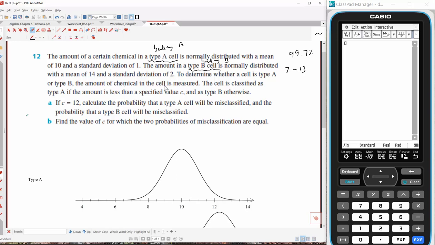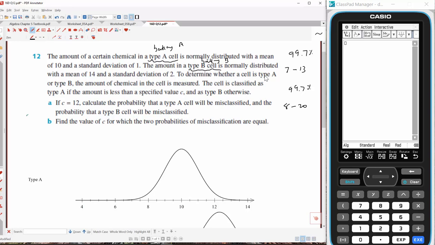So there's more variation in what we get with type B cells in terms of the chemical, because although it's got a mean of 14, it's got a spread or a standard deviation of 2. And that means I can be 99.7% confident that there's going to be between 8 to 20 of this particular chemical in a type B battery or battery B. Again, I don't know whether we're talking about batteries or something else, but it doesn't really matter.